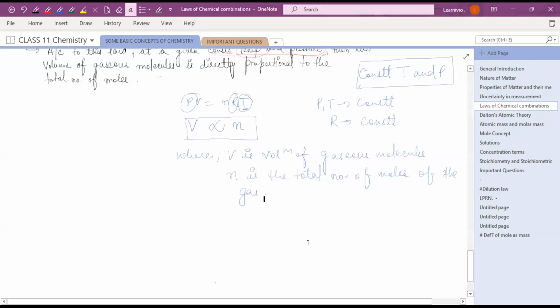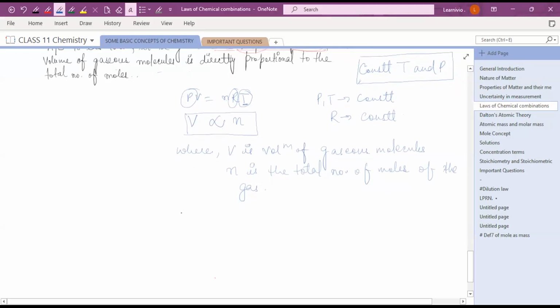Okay. So if we remove this directly proportional sign, here we will write V = k times n. Whenever we remove the proportionality sign, a constant comes in, right? Now, what is k over here? k is the proportionality constant.